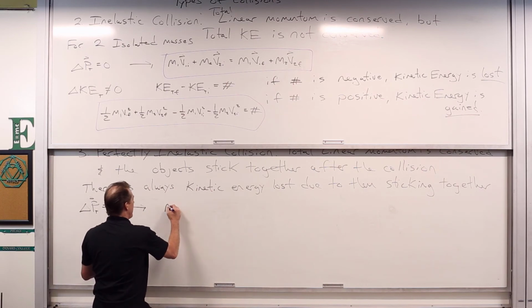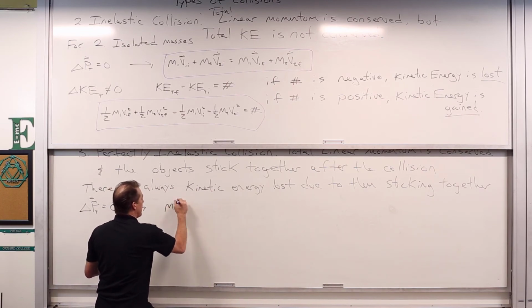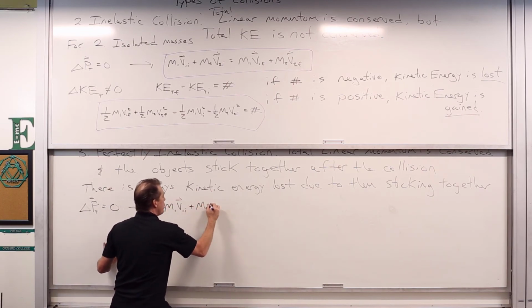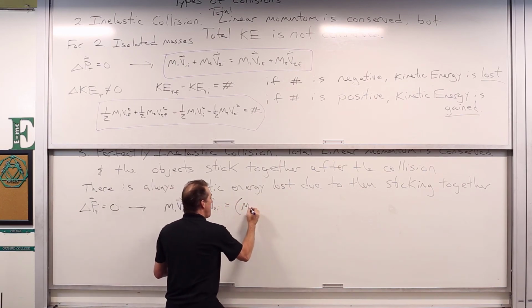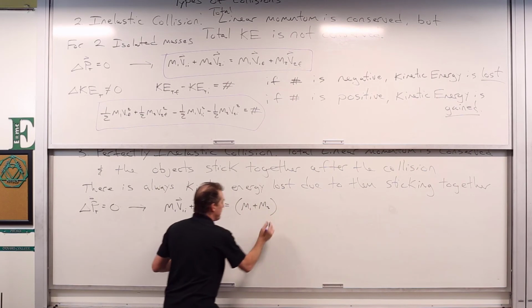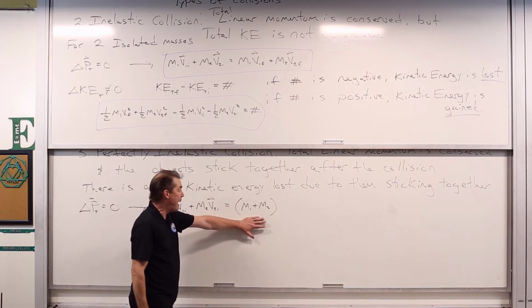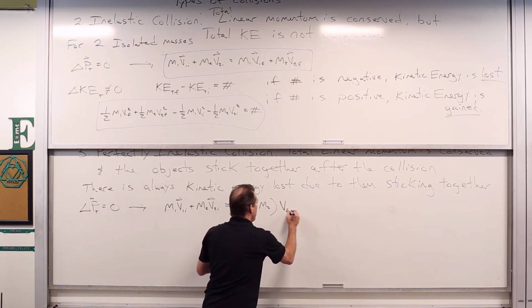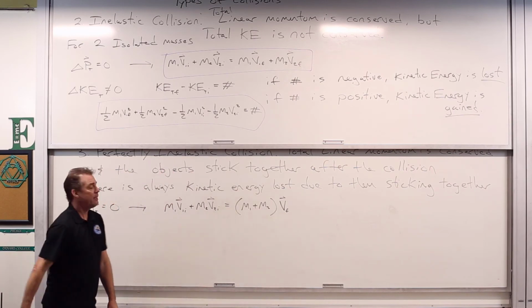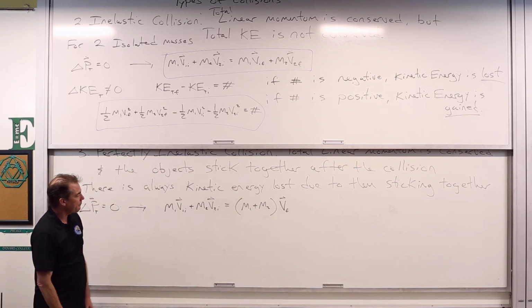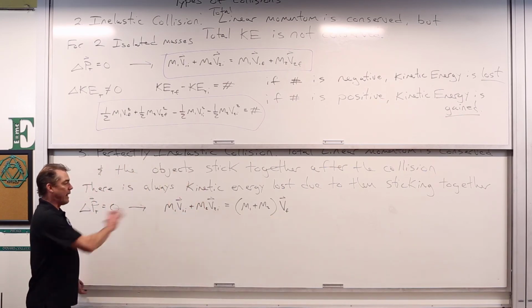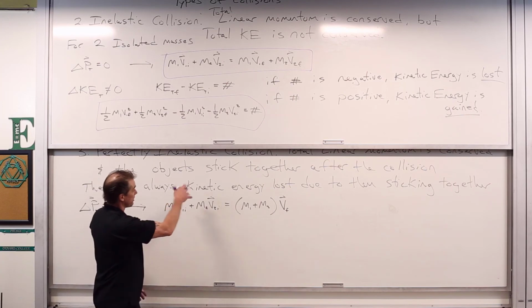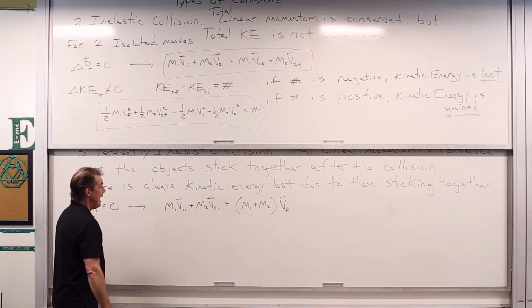So we have that M1 V1 initial hat plus M2 V2 initial hat is equal to the quantity of M1 plus M2, the combined mass, times some singular velocity after the collision. So they form one common mass with one common velocity afterward. So that's kind of nice. That actually makes problem solving with this pretty easy.